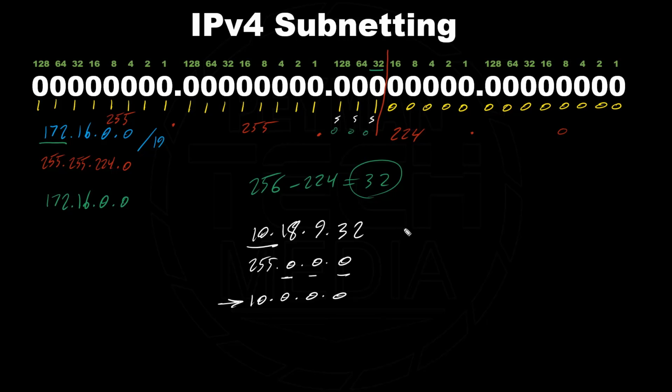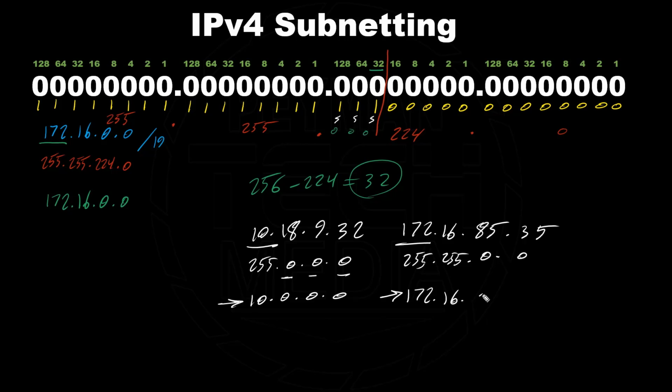Another example, if we have 172.16.85.35, we know this is class B. The default subnet mask is 255.255.0.0. Therefore, the network address or the first subnet would be 172.16.0.0. So for the host portion of the IP address, we just put 0.